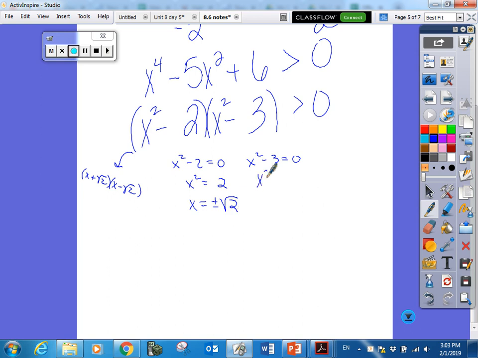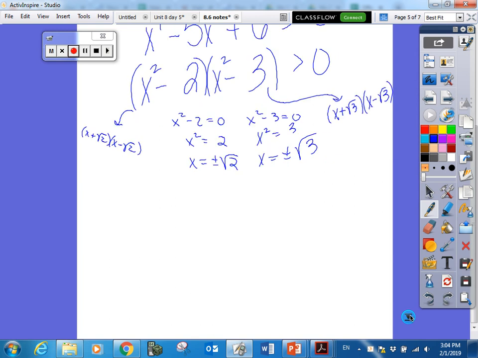Same thing here. x squared equals 3, so x equals plus or minus root 3, or x plus root 3 times x minus root 3. Either one will work. Doesn't matter which way you do it, because it does not say factor completely. You could, I guess, use the quadratic formula. I would not suggest that when you don't have an x term, but it is possible.